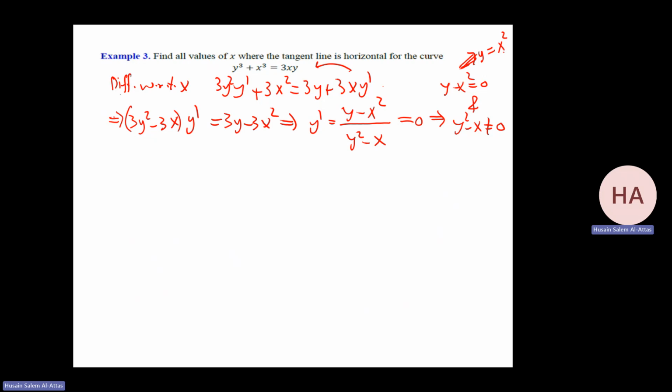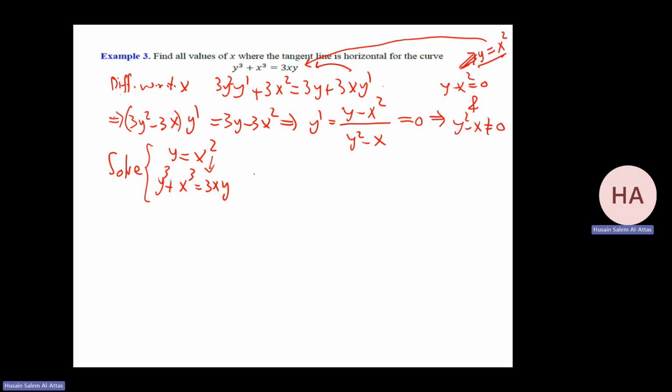What shall I do? I substitute this into the equation, so I can have only an equation of one variable. So I need to solve both y equals x squared and y cubed plus x cubed equals 3xy. These are points of tangency, so they satisfy the curve. So I need to solve these two, which is easy to solve.